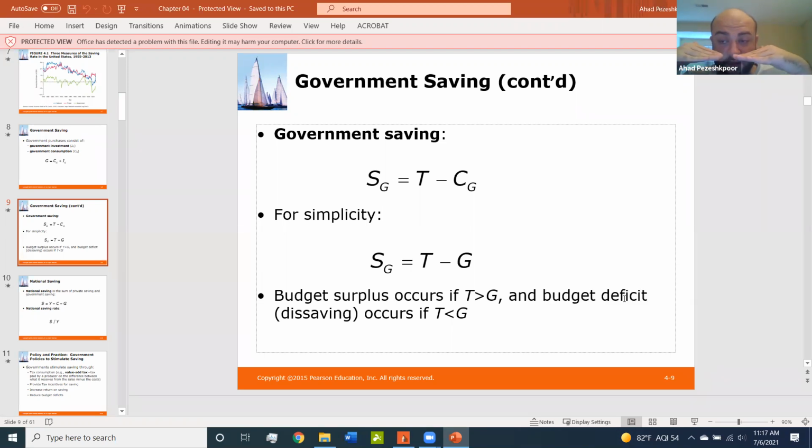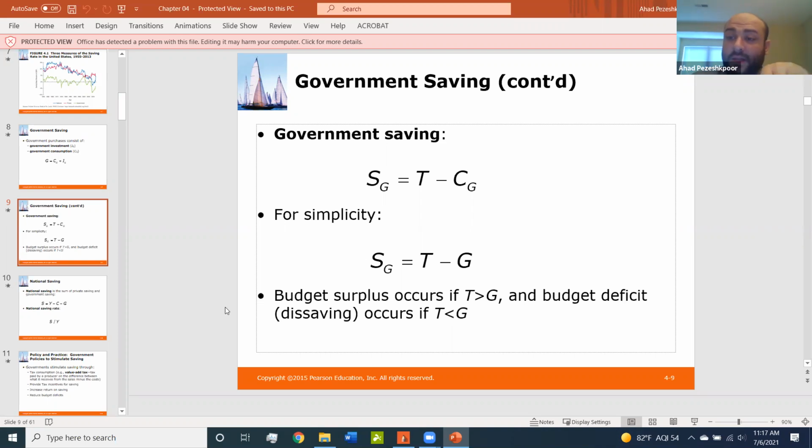T should always be equal to G. But a budget deficit sometimes is more tolerable. It means that the government is at least not overtaxing the people. It's overspending, but not overtaxing people. People can still make decisions for their own money as much as possible.